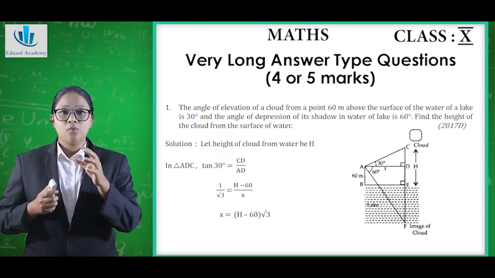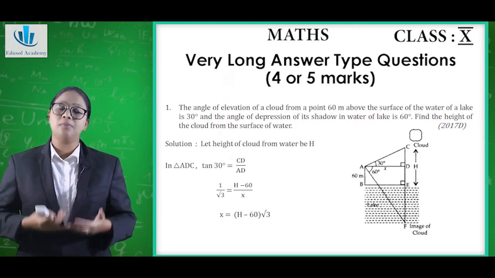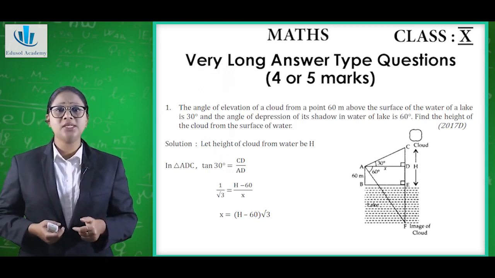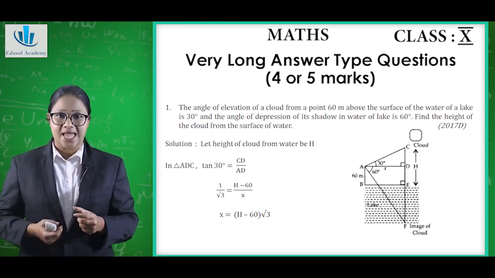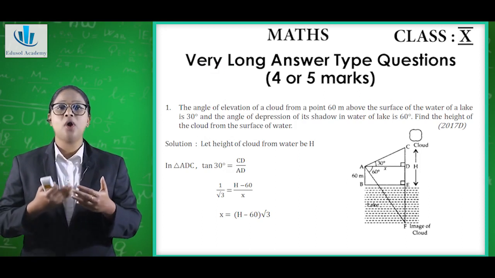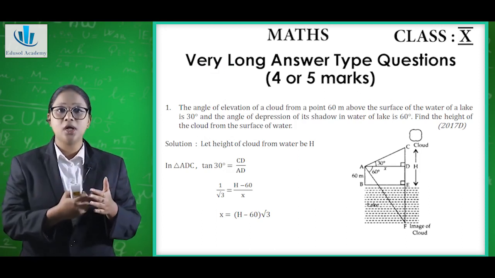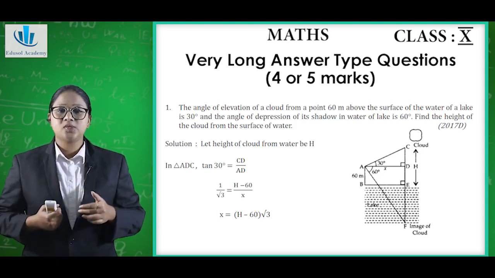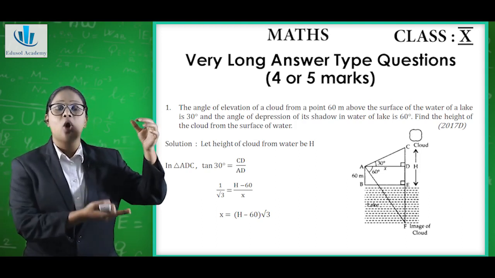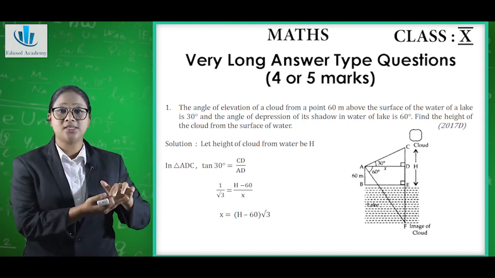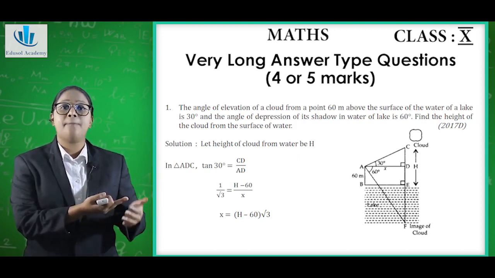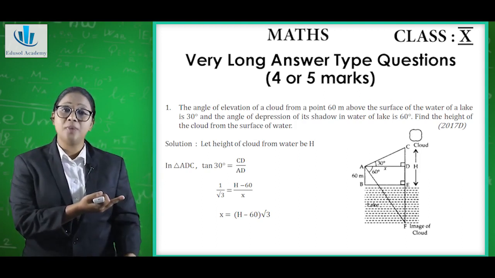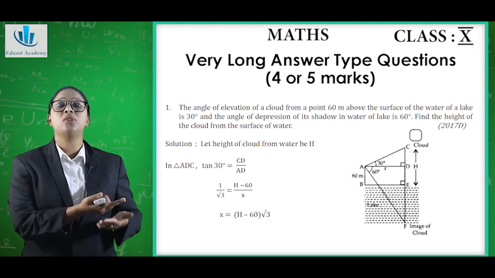The water will act as a plane mirror. One of the properties of reflection by a plane mirror is that the distance of the object in front of the mirror and the distance of the image behind the mirror will be same. So even if the reflection of the cloud is seen on the water surface, the cloud appears to be coming from below the water.